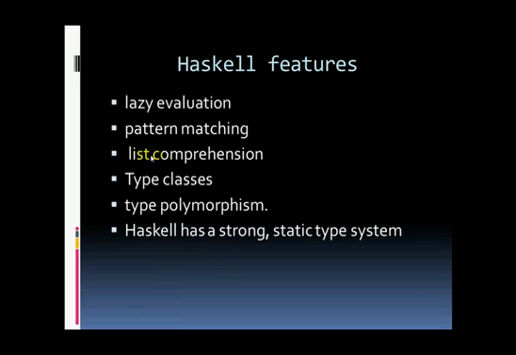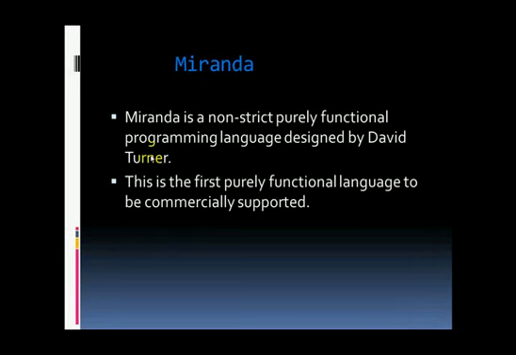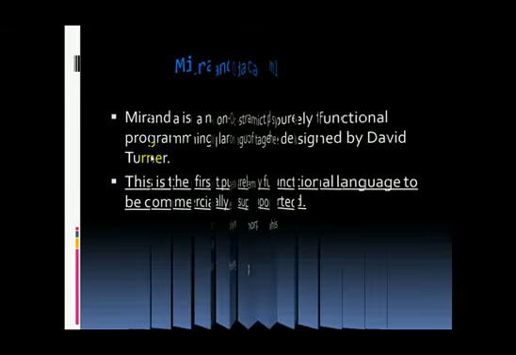Haskell makes it easier to produce flexible, maintainable, high-quality software. Haskell features lazy evaluation, pattern matching, list comprehension, type classes, type polymorphism. Haskell has a strong static type system.